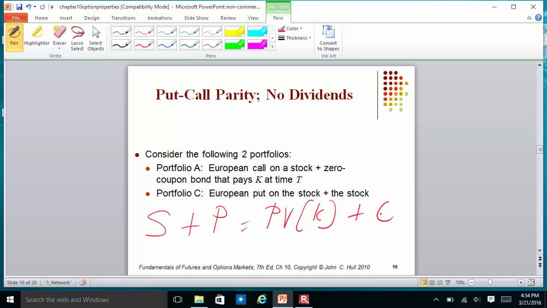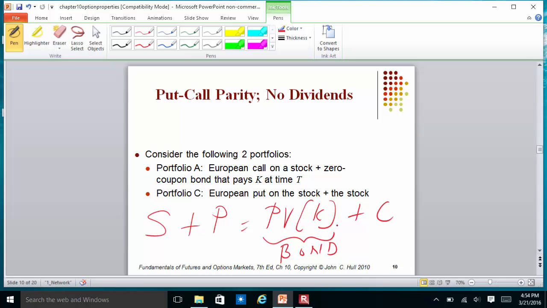Now what does it mean here? Sometimes when you talk about the present value of the strike price, we can think of that as a bond, and here what it tells you is that the stock price plus the put price is equal to the call price plus the present value of the strike price, or here that is a bond with a face value equal to the strike price.